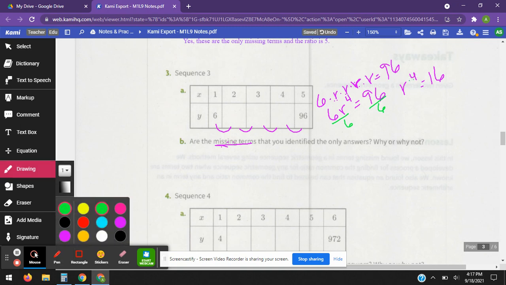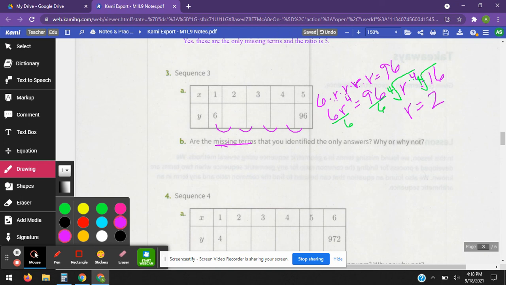I don't need 3 numbers multiplied by themselves to get 16. I need 4 of them. So what times itself 4 times will get me 16? Well, I happen to know that 2 times 2 is 4, 2 times 2 is 4, 4 times 4 is 16.